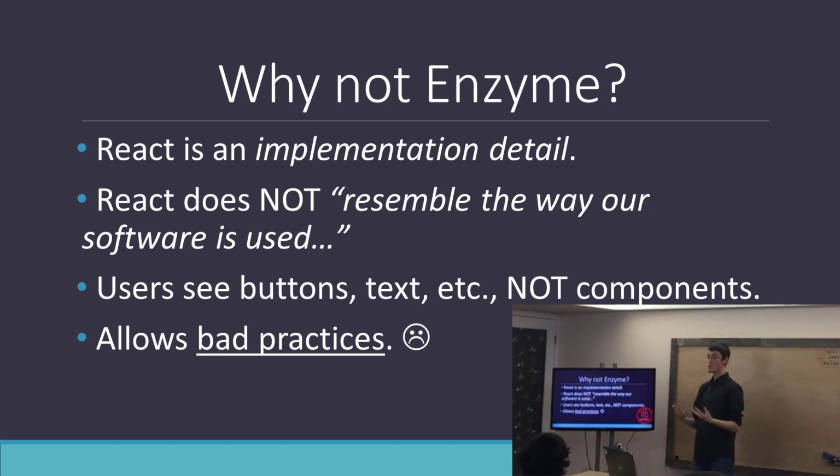The way users use the front end is they see a button, they see text, they see a checkbox. They see elements, they see DOM nodes on the screen. They don't know what HTML or JavaScript is. So if our tests are testing HTML or JavaScript or CSS, that isn't resembling the way our software is used. So again, React is an implementation detail. It doesn't resemble the way our software is used.